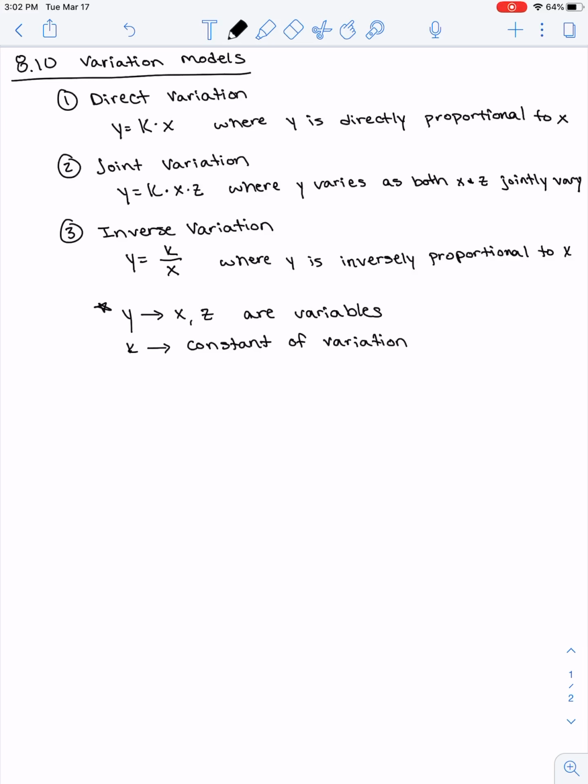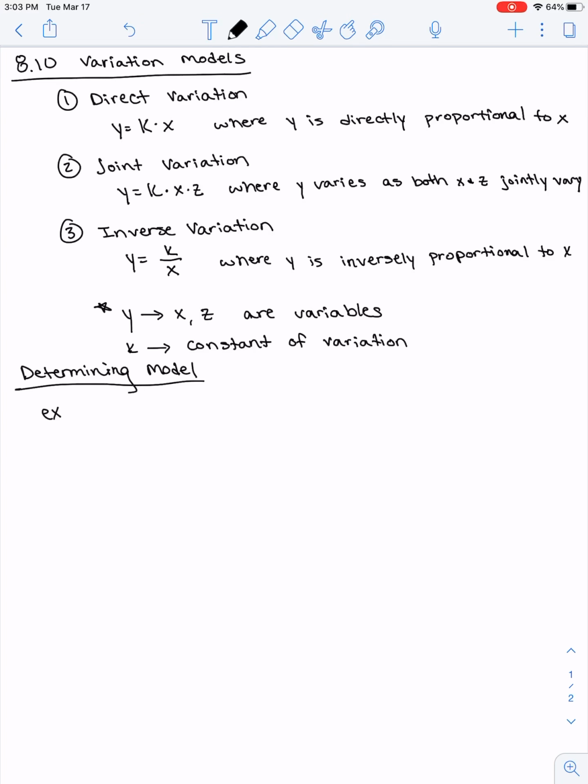So the first thing that I'll have you do for variation models is just be able to determine what type of variation model you are looking at and what is the k value for that variation model. So, determining the model.